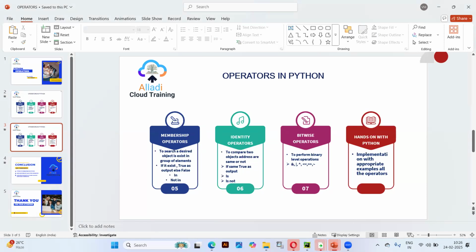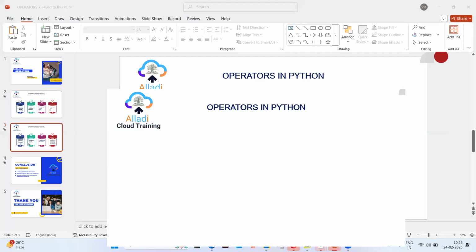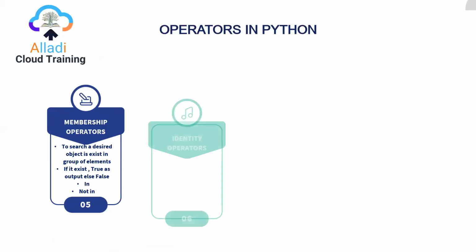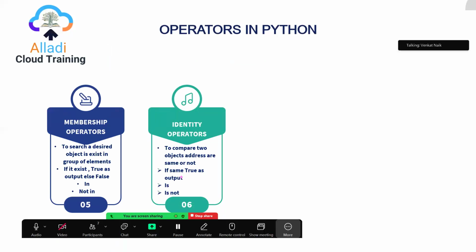Clear? So what is the job of the is and is not? They are identity operators, used to compare whether 2 object addresses are the same or not.